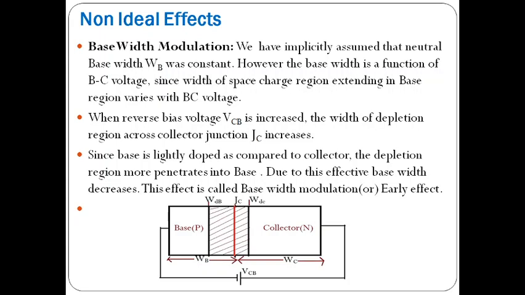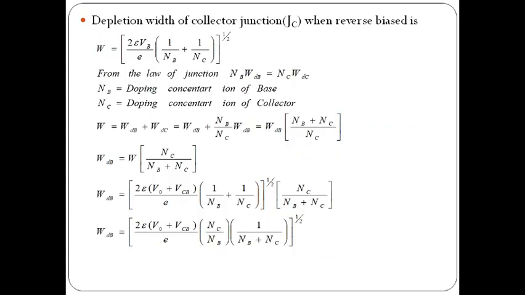The current coming from the emitter junction will pass into the collector junction, so we observe IC equals IE in this case. Clear? So base width modulation is when the reverse bias voltage VCB increases, the depletion width across the collector junction increases, and then the effective base width decreases. This is called base width modulation or early effect.